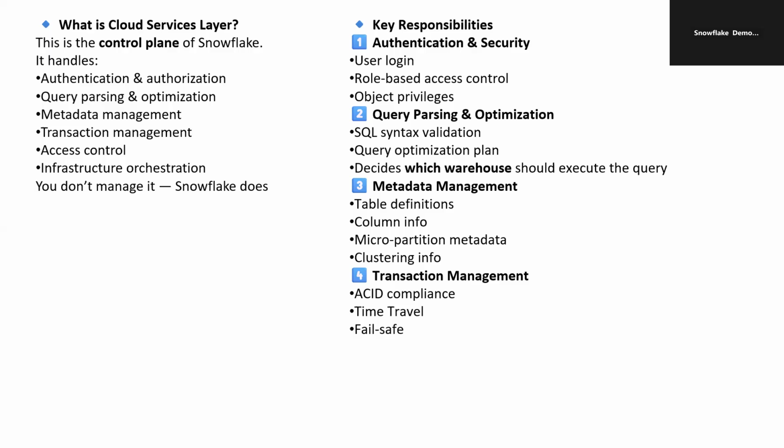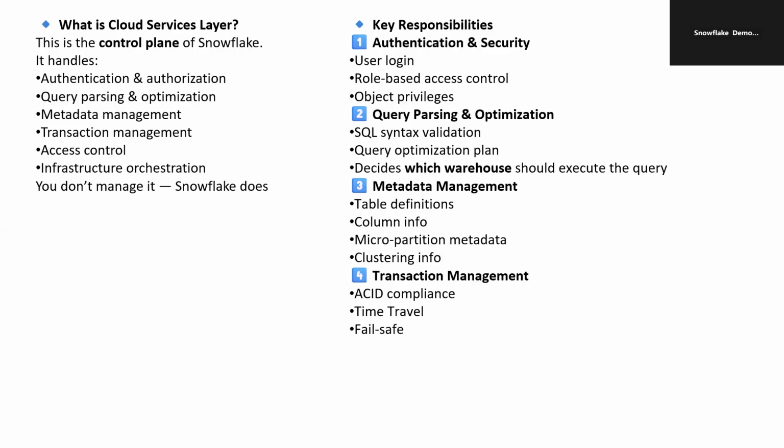Now coming to the top layer, the cloud services layer. This is the control plane of Snowflake, the brain of the system. Earlier, the compute layer was the muscle, and this is the brain. It handles authentication and authorization, and query parsing and optimization. When the query hits, it checks and provides certain optimizations.